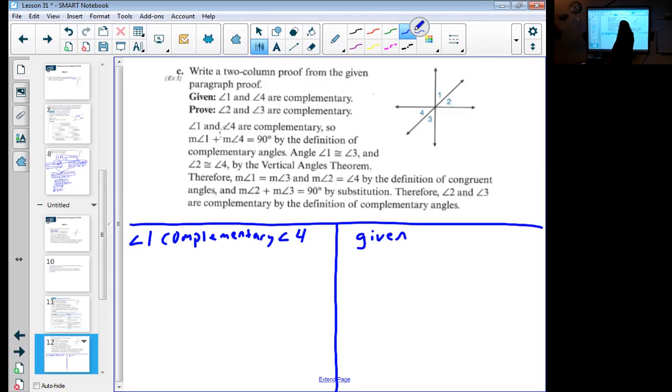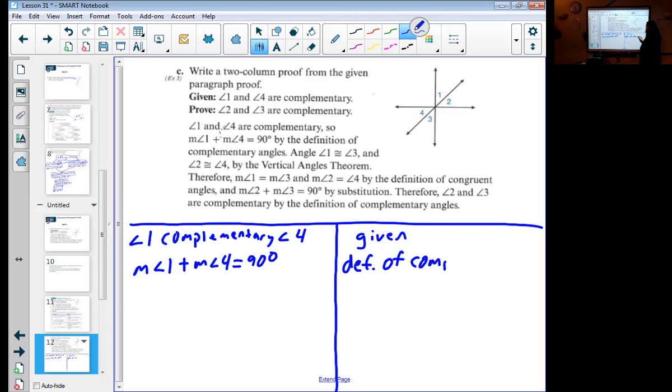Measure of angle 1 plus measure of angle 4 is equal to 90 degrees, by the definition of complementary angles.